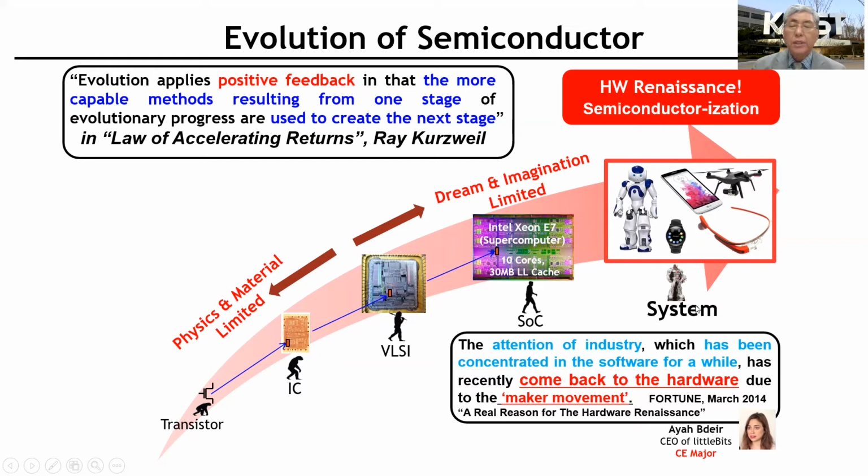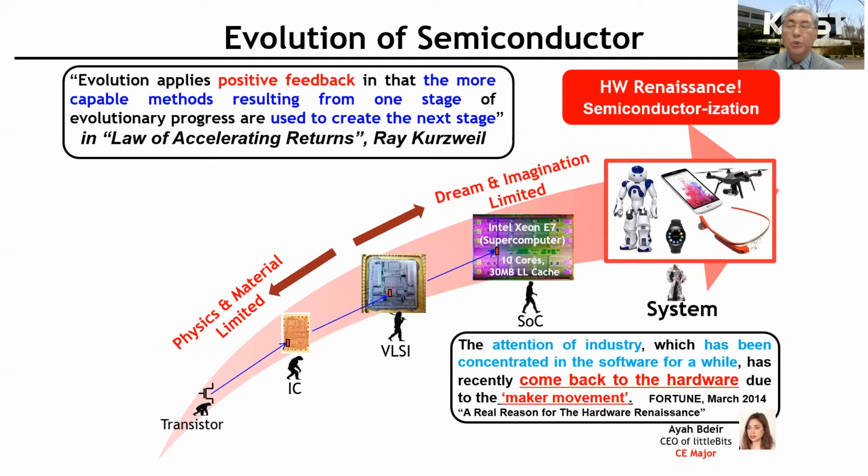And recently, hardware has evolved, and there are many fantastic hardware products like smartphones, wearable computers, drones, robots, and all of them are just hardware. So it's sort of a hardware renaissance. Previously, most industries focused on software because software is very easy to develop. But lately, they have come back to hardware due to the maker movement.